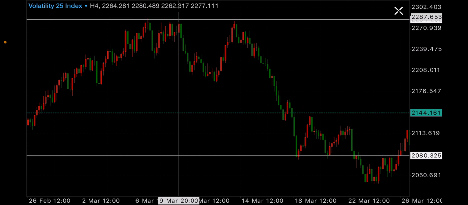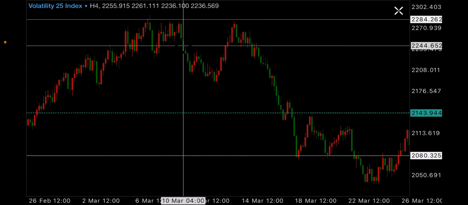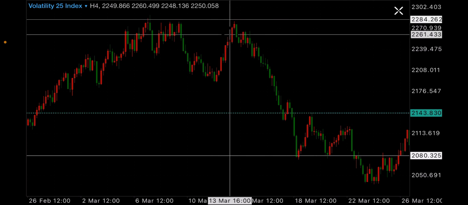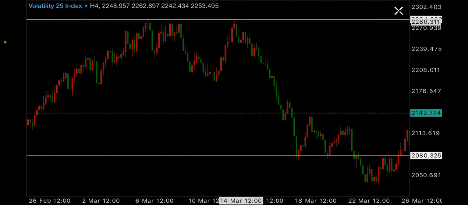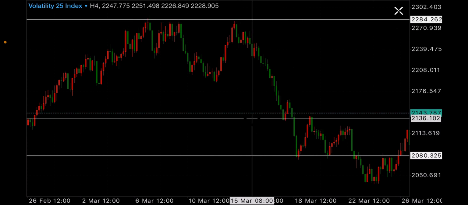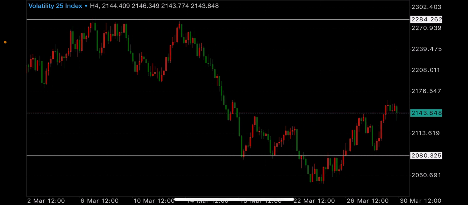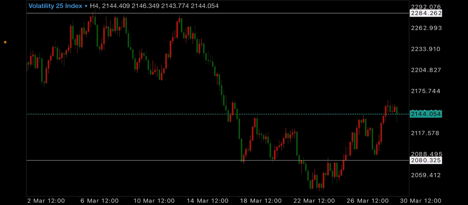So like this one, we have this touch, which is the first touch and the second touch. Then boom, reversal to the downside. But what are we looking at now? We are looking for the current price action. Okay, alright. Okay, let us proceed, guys.